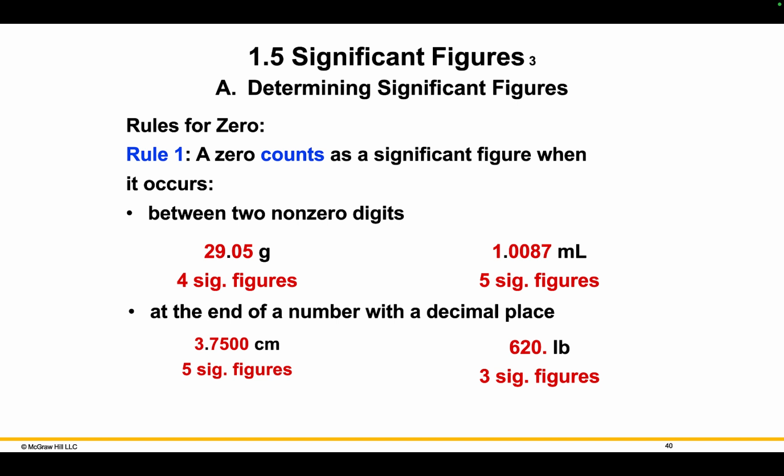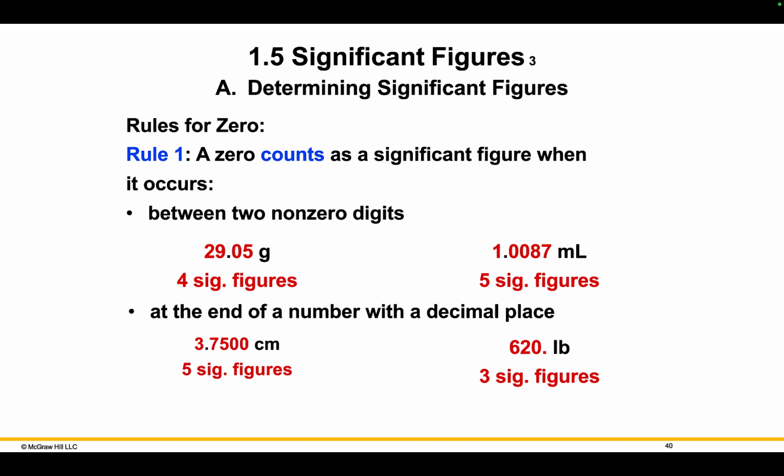That 29.05 then has 4 significant figures. When I look at the other example, I have 1.0087 milliliters. The 1, the 8, and the 7 are non-zero numbers, so they're automatically significant. And those 2 zeros are sandwiched in between non-zero digits, and so those are also significant. So there's 5 significant figures in that.